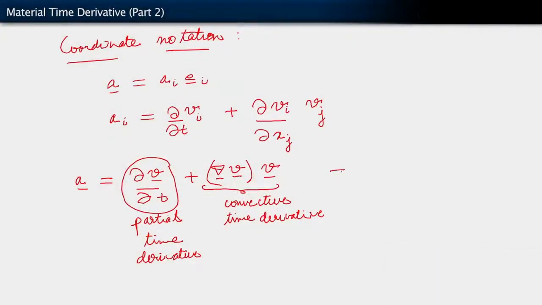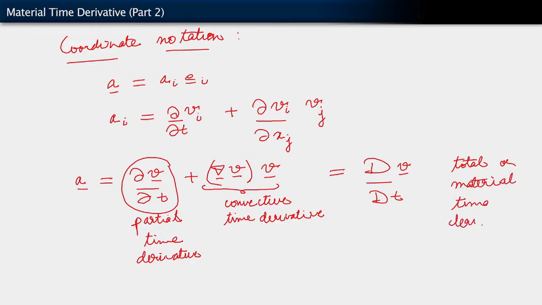The sum of the two is sometimes written as capital D of V with respect to time. This is called the total, or like I said, the material time derivative.